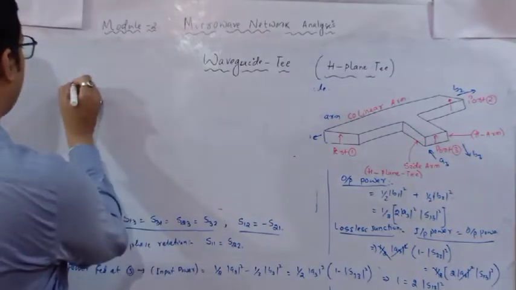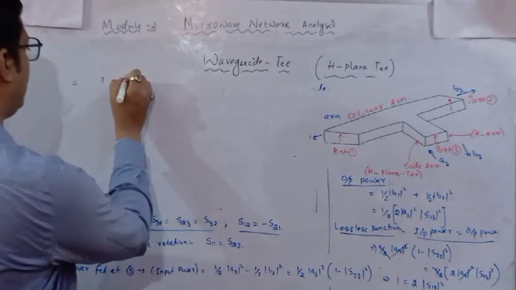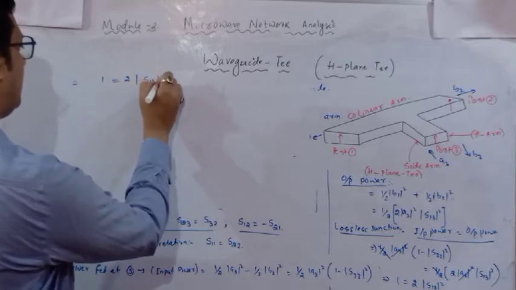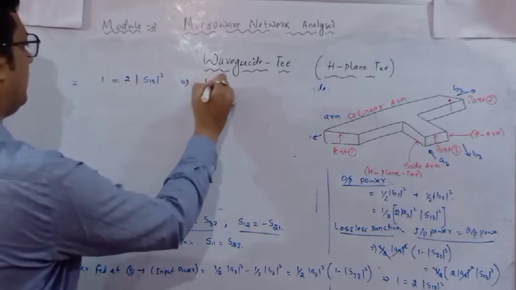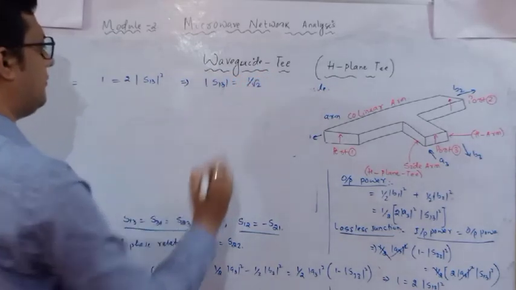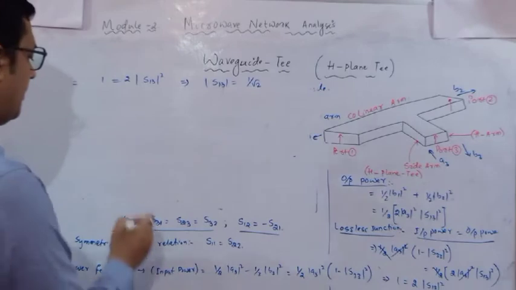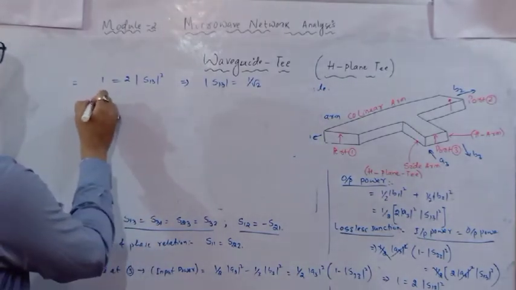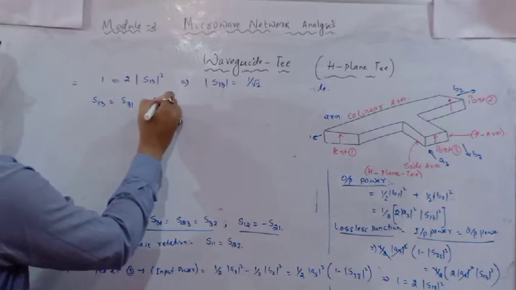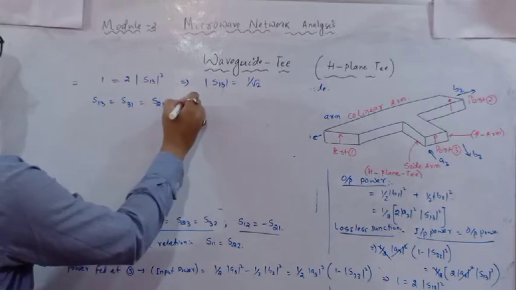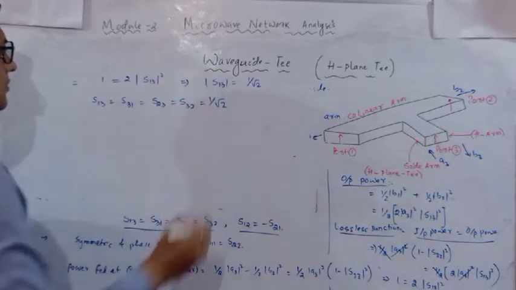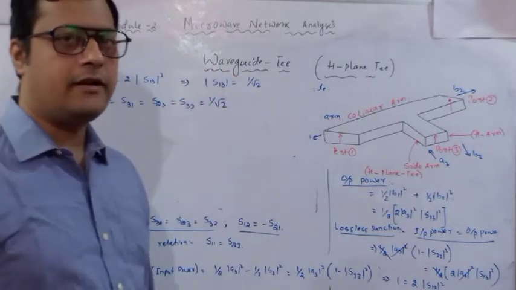So here I will write 1 minus 1 equals twice of S31 whole square, due to which S13 is equal to 1 by root 2. Now as we have the first condition, S13 is equal to S31 is equal to S23 is equal to S32, which is equal to 1 by root 2 as per the given question.